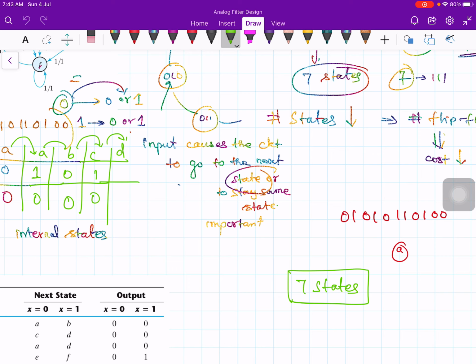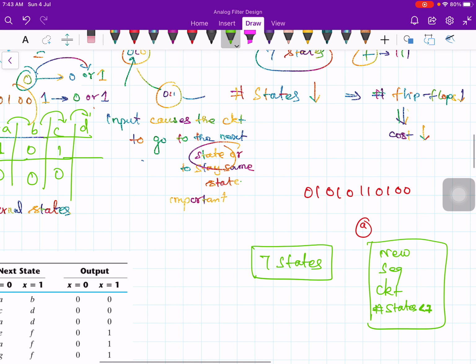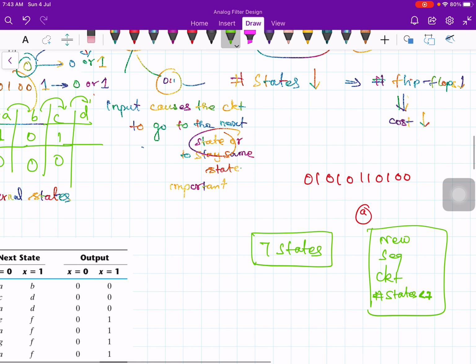Somehow you reduce it to a new sequential circuit with a number of states less than 7. Then this is good for us, right? You are saving money, making the circuit very simple, and saving space in the chip.